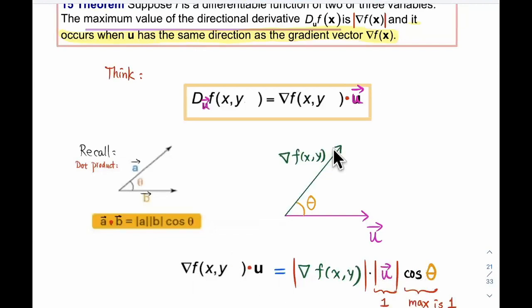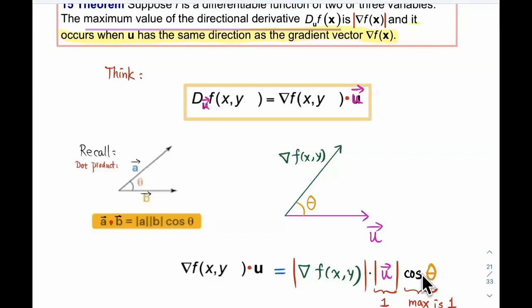Now, in order to maximize this, we just need to maximize this cosine theta, right? The maximum of cosine theta is 1, right? And when does it happen? When theta equals what? Equal to 0. Yeah, you got it.